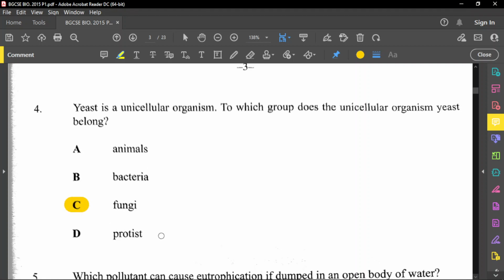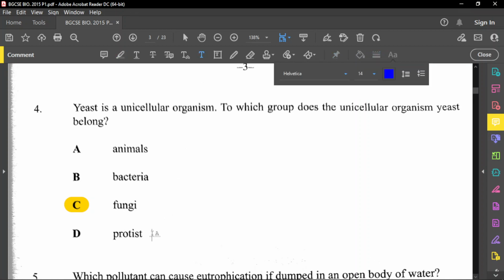Now, just to point out protists, you have some organisms that belong to protists, just to mention a few. The protists will include algae. Protists will also include the amoeba, and these are just some common ones that you should know. So the amoeba, algae, and we also have euglena.